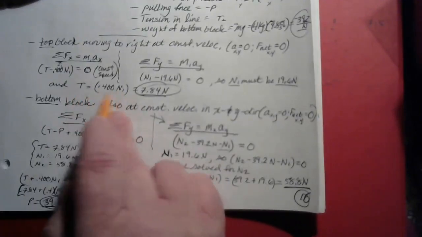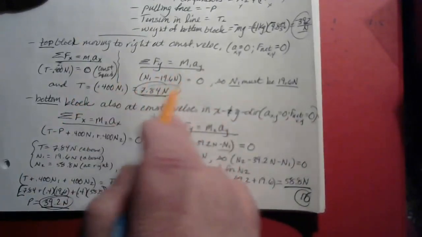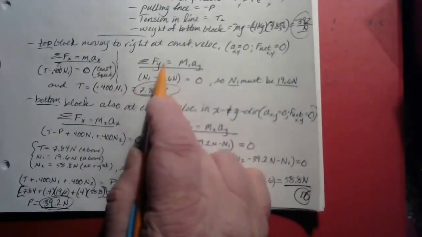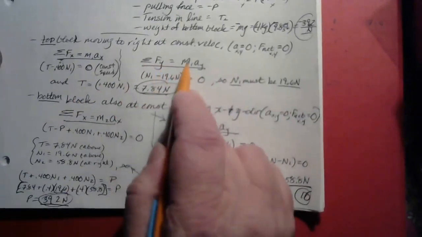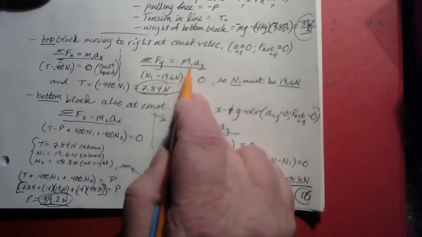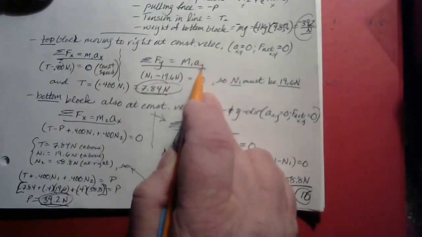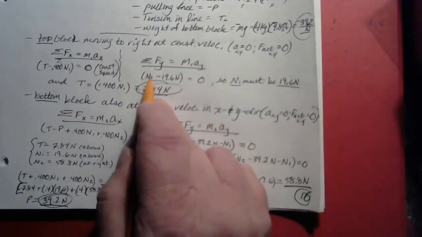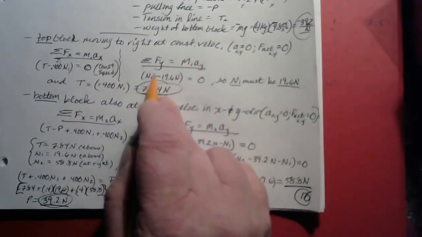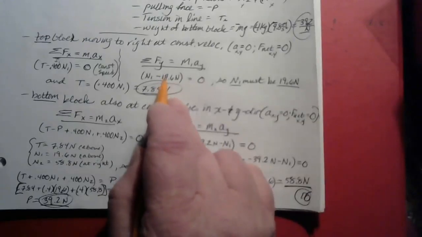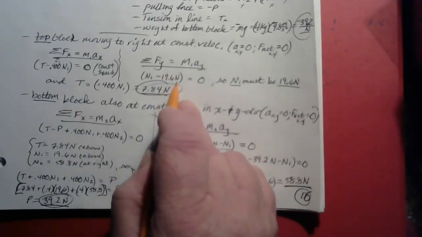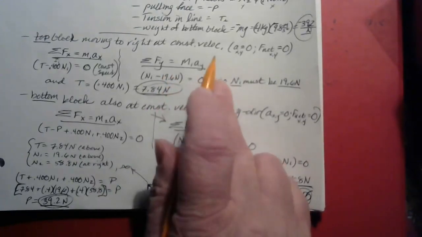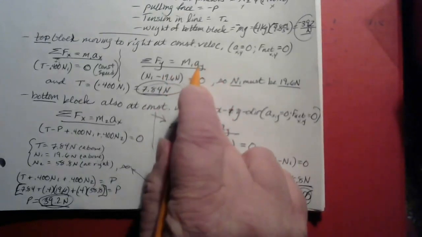And we don't know what either of those is yet, but we can find out maybe something over here that will help us. If we add up all of the forces in the y direction on the top box, we have that being equal to the mass of box 1 times acceleration in the y direction. The summation of all of the forces in the y direction of box 1 would be the normal force for box 1 minus the weight, which is 19.6 newtons. And that has to equal 0 because it's moving at constant speed, so there's no acceleration.